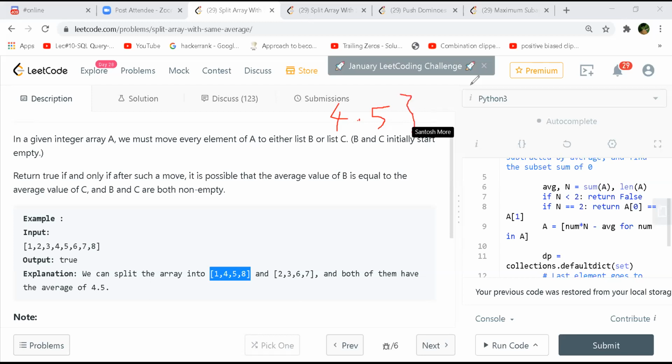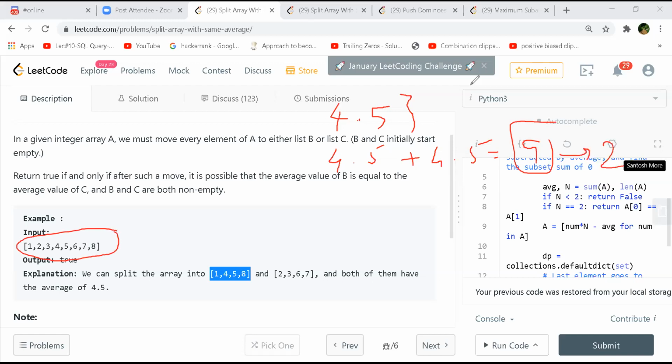If I take the average of two numbers and add both of them, it will be 9, which represents two elements, 5 plus 4. So if I find in this array two elements which sum to 9, then we are good.